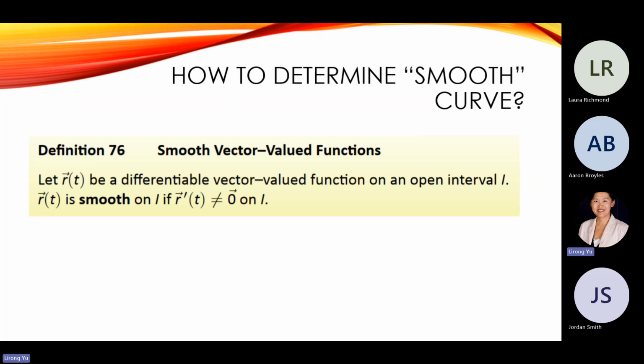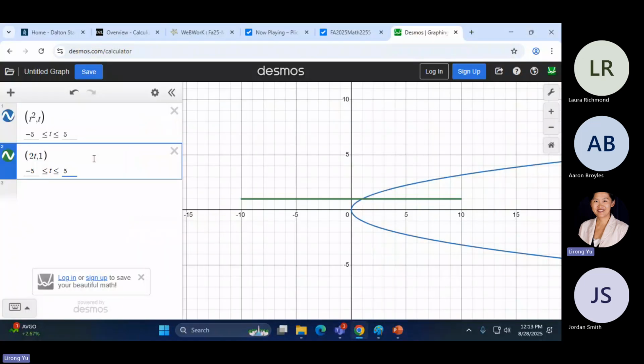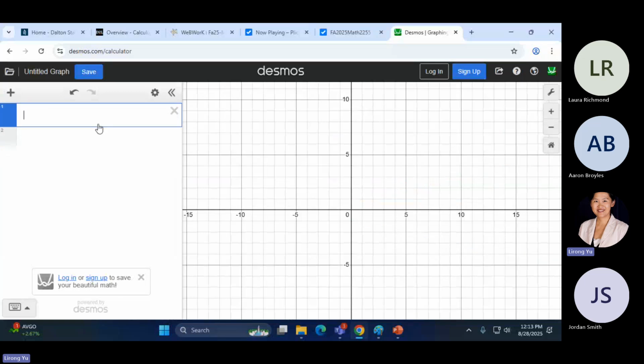It will be smooth whenever both of them are not 0. If t equals 0, then x prime will be 0 and y prime will be 0. If both are 0, we have a problem defining it. It will be a sharp corner at t equals 0. You can see that from the picture.